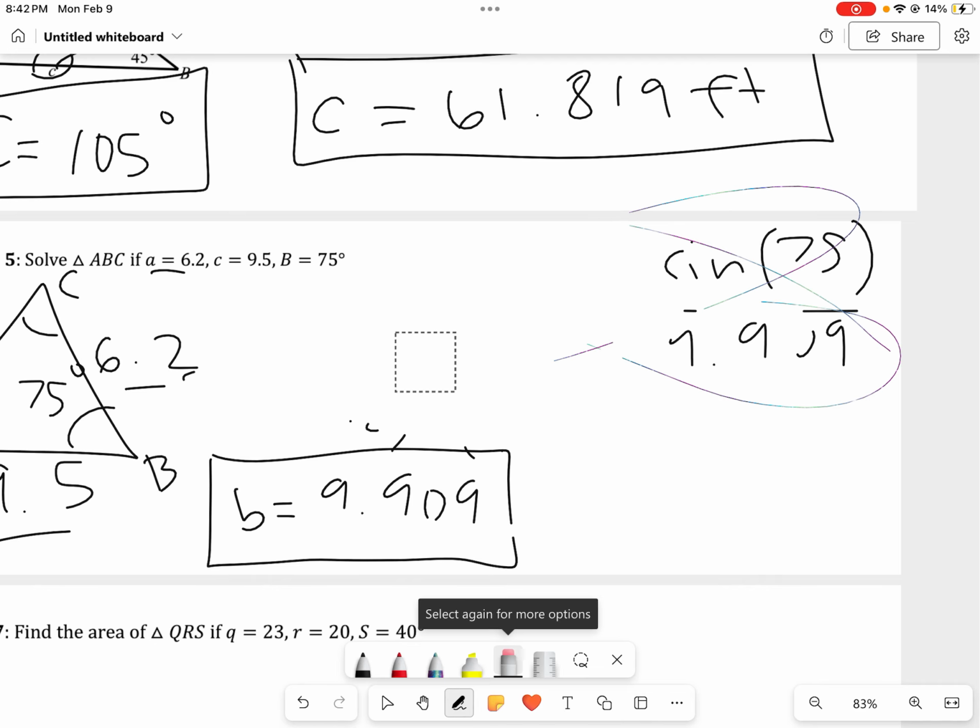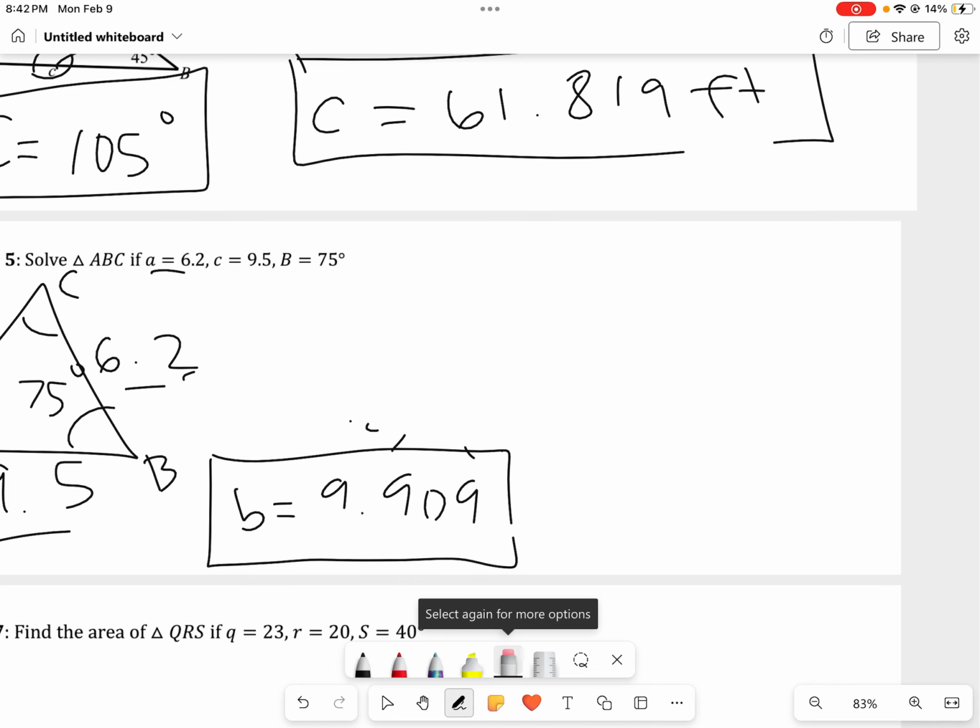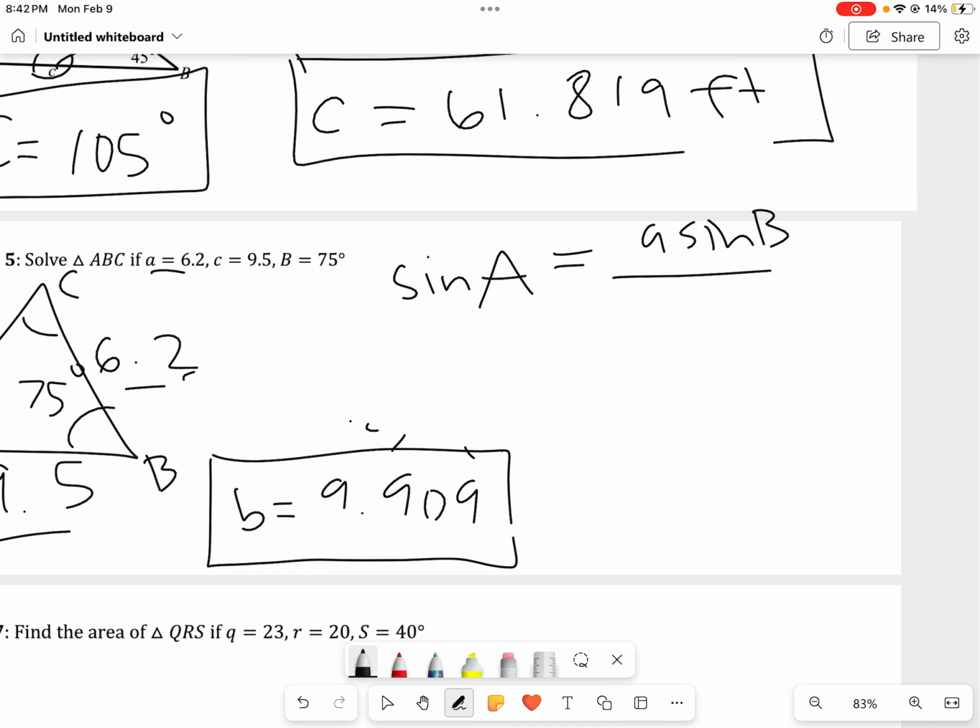That should give you, after you isolate what you're solving for, which is sine of A, that sine of A is A sine B over B, and you plug in the values here, and then you arc sine both sides to cancel out that sine.